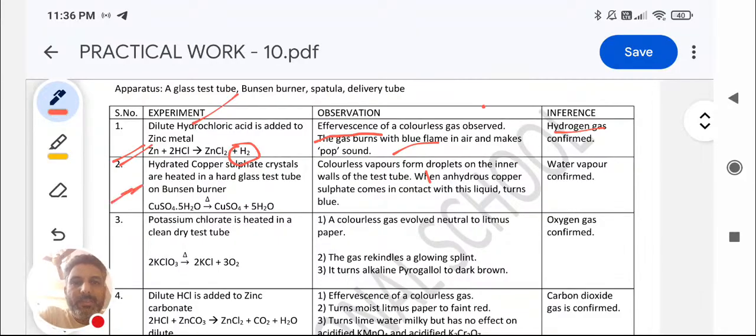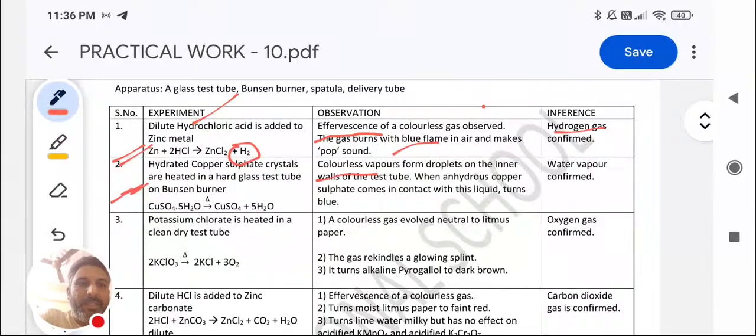And the second one is water vapor or water. So in this, when you take blue color copper sulfate crystals in a test tube and heat it, it will produce anhydrous copper sulfate and the water will come out as water vapor.